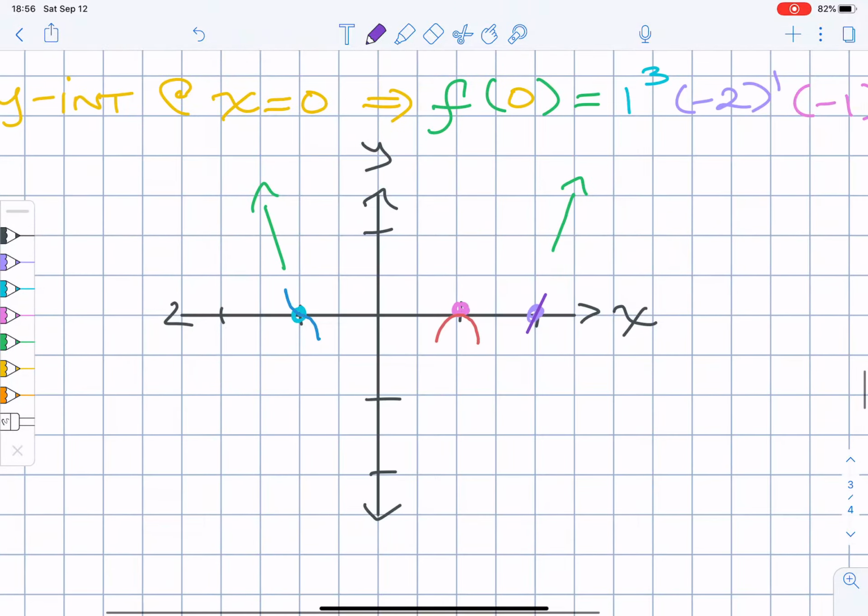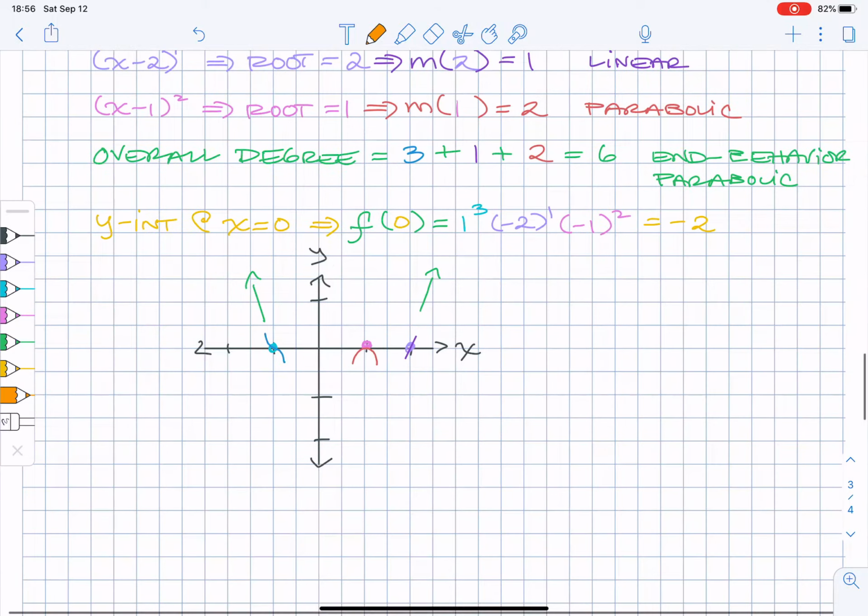Okay, now I can connect the dots. Let's make my life easier. Where was my y-intercept at negative 2? Okay, so I'm going down to negative 2. That's good. I have all my x-intercepts, so now I can plot using all of this information. We're going down to negative 2, up through that little S-shaped root, and coming up to this root at positive 1, which is parabolic.